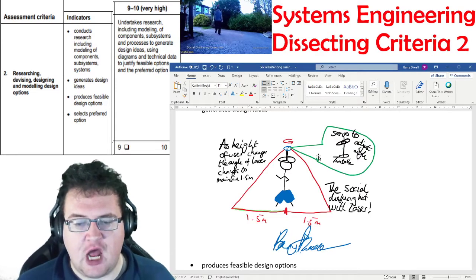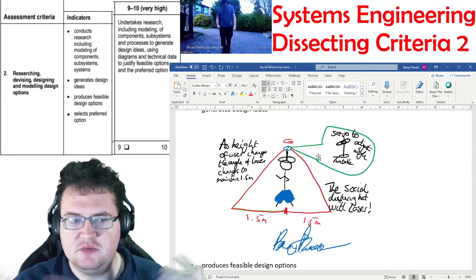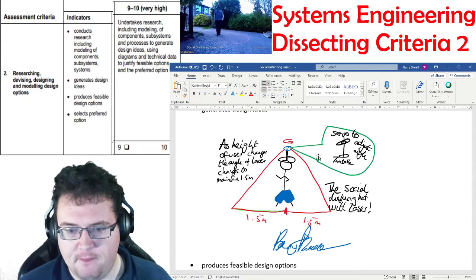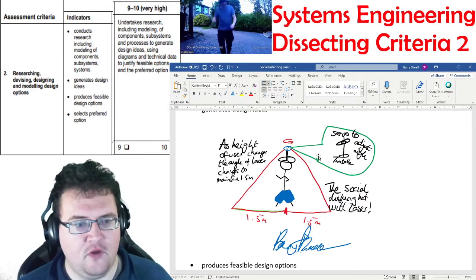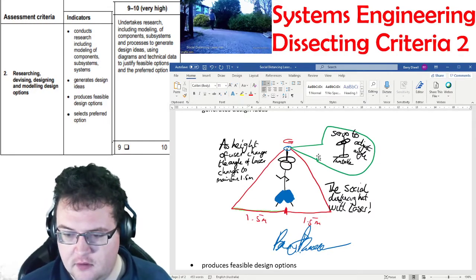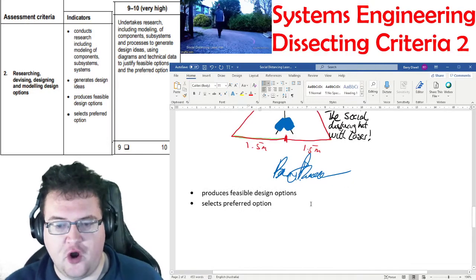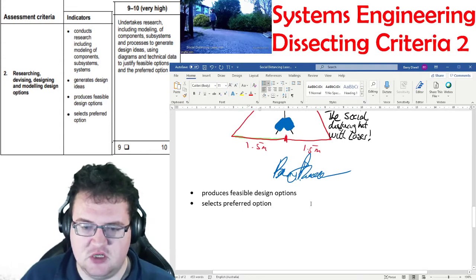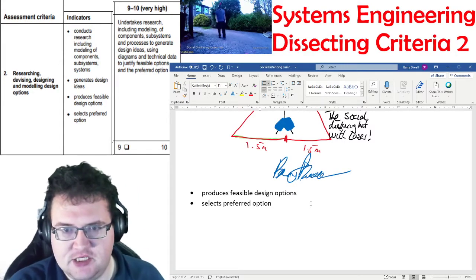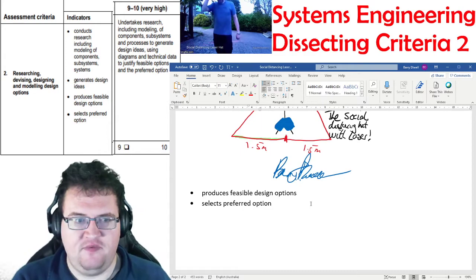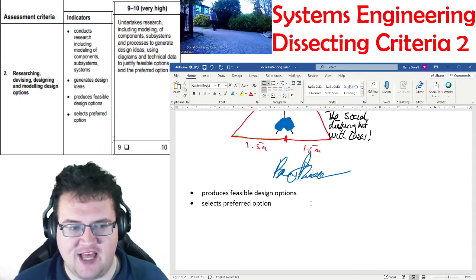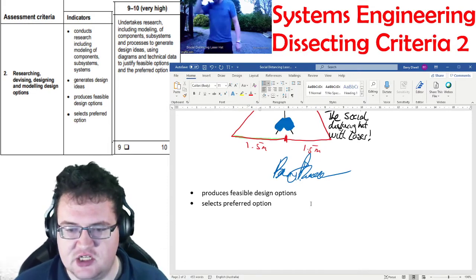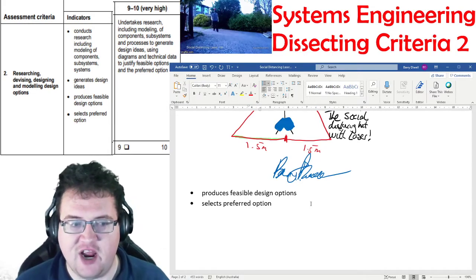All right. And you could come up with these different design ideas. You could do some diagrams for them. You could come up with some examples of the parts that you require for those. And then as part of the preferred option, you can say, well, okay, these are the problems with a laser belt or an arm guard system. The hat doesn't have these problems because the hat is centered. We want our social distancing exclusion zone to be a 1.5 meter radius circle.